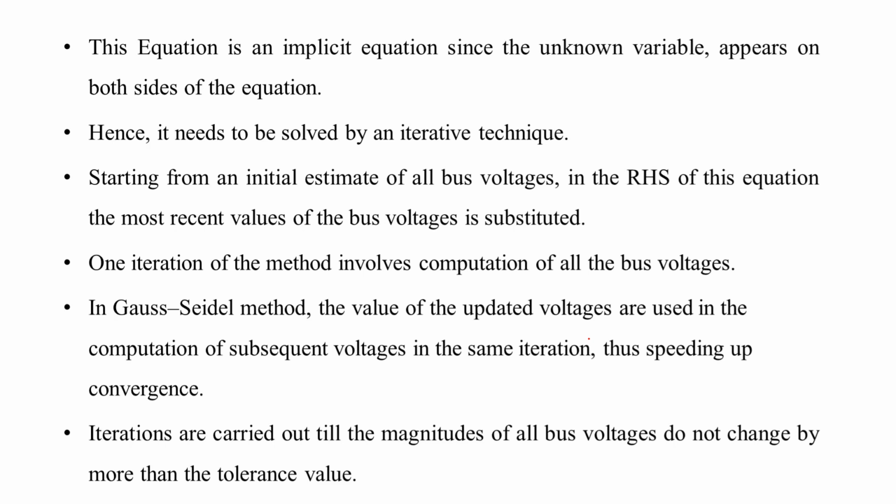Iterations are carried out until the magnitudes of all the bus voltages do not change by more than the tolerance value. This equation is applicable for load buses, since at a load bus both the magnitude and phase of the voltage are allowed to change. But at a generator bus, the magnitude of the voltage remains constant, and this equation is used to calculate the phase of the voltage.